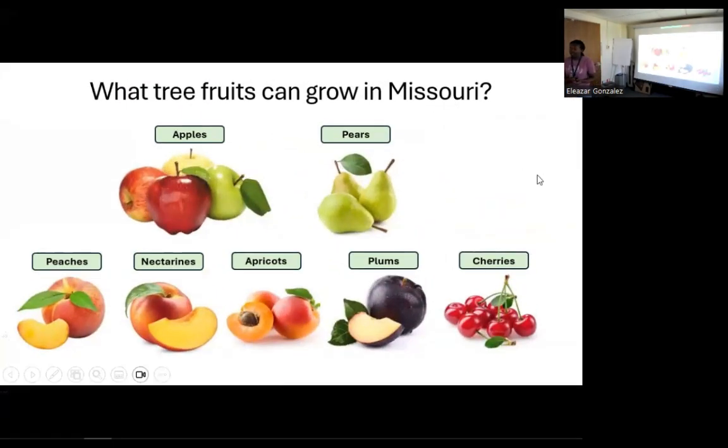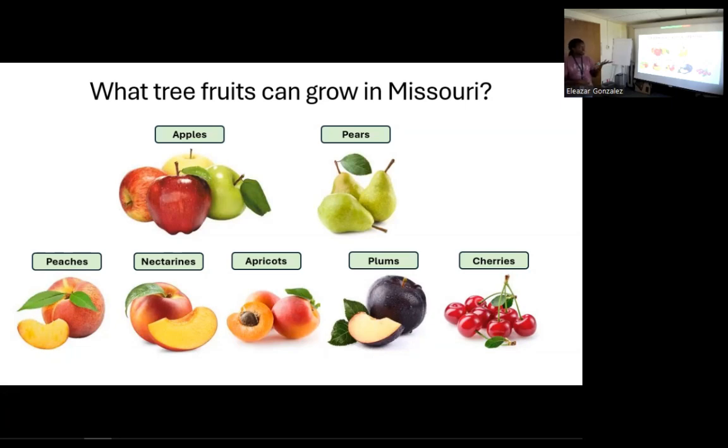where we're going to look at tree fruits, we're going to discuss these concepts and see how that relates to managing. And so I'm going to use the slide which was used during the introduction as a way of introducing tree fruits. Missouri is home to many tree fruits, such as apples and pears, and also several what are known as stone fruits because of that stone that they have in the center, such as peaches, nectarines, apricots, plums, and cherries.